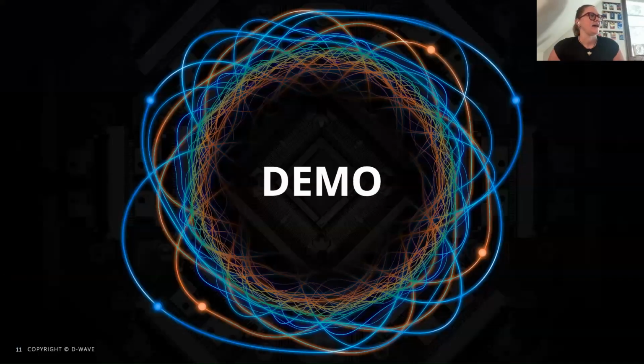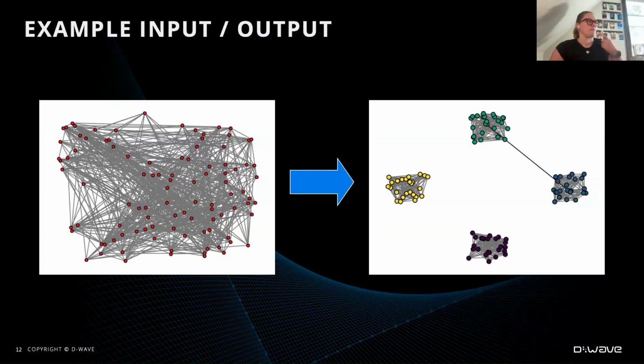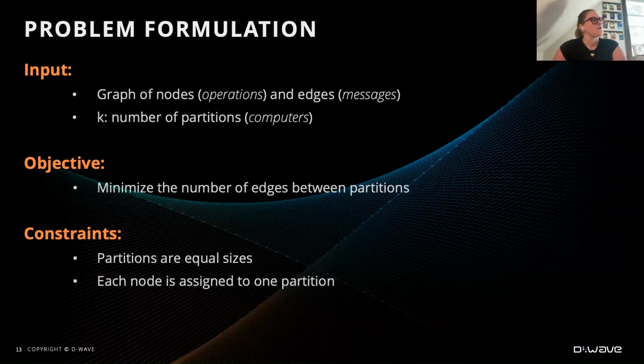Okay, so let's go back to slides. This is an example of what we just saw, where our input is a graph and our output are these separated graph nodes. So again, our problem formulation, we want to minimize the number of edges between partitions, where our graph has all of the information about the tasks we want to complete and dependencies between those tasks.